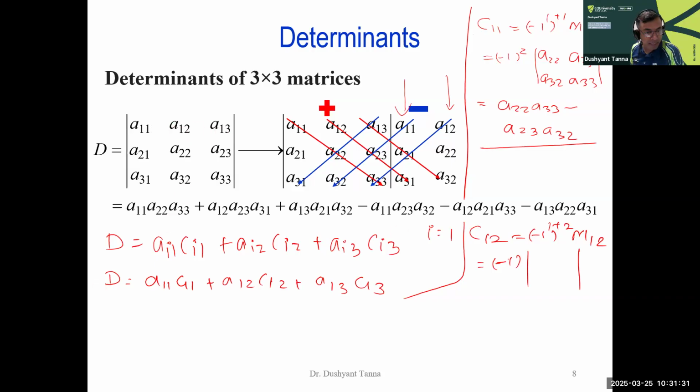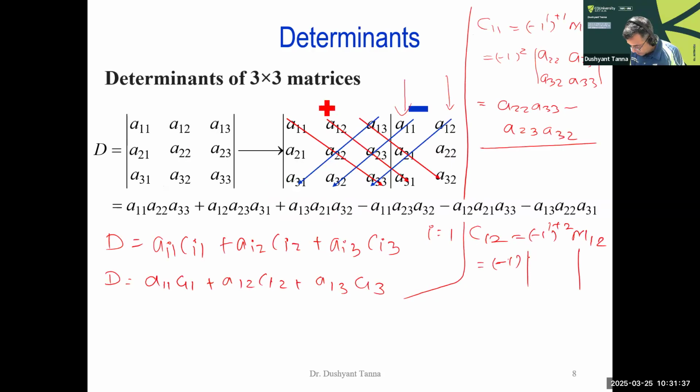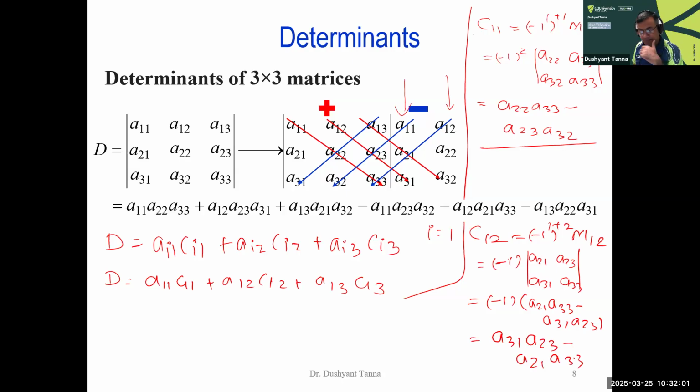So that will be a determinant A21, A23, A31, A33. Okay, so minus 1, when you expand it, A21 A33 minus A31 A23. So that will be A31 A23 minus A21 A33.